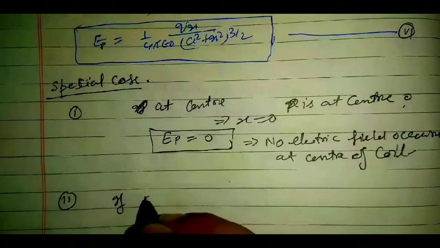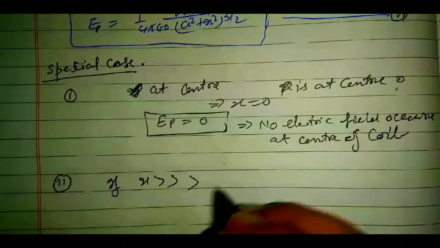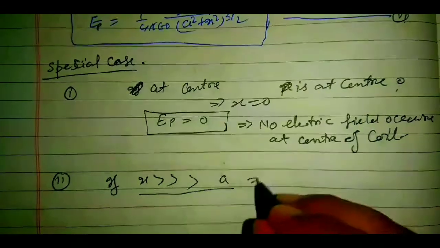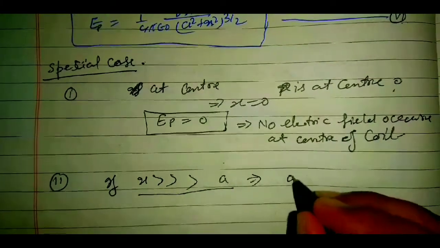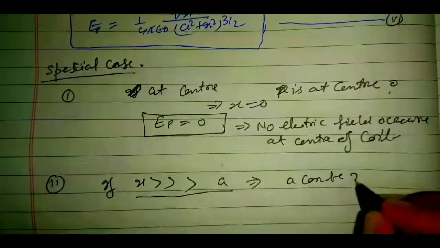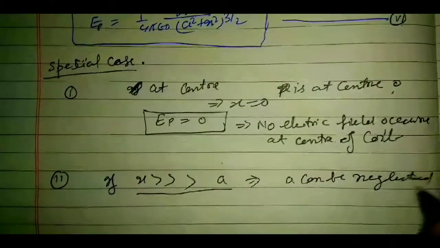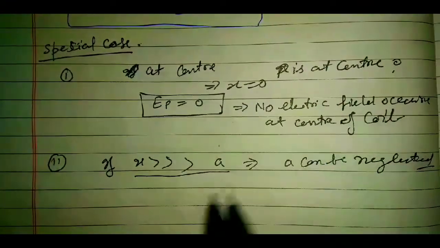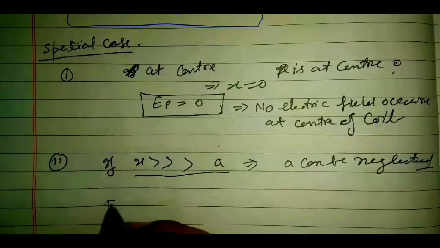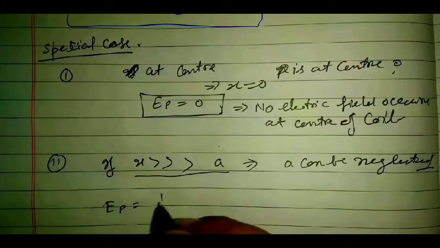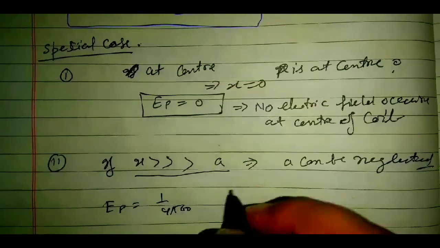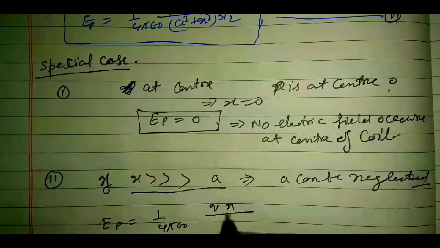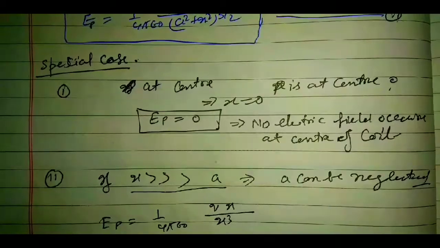One more special case we want to see. If x is much greater than, much away in comparison to the radius a of the coil, this implies that a can be neglected. When we neglect a in the above equation, then equation 6 can be written as 1 upon 4 pi epsilon 0, qx by x cube.